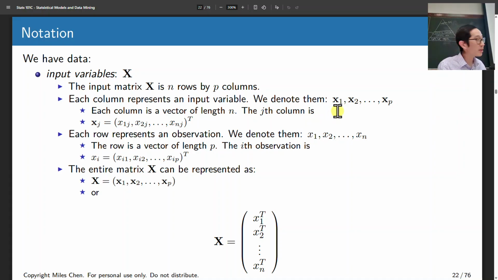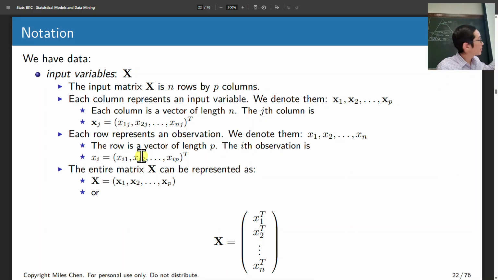We denote them as column X1, column X2, and so on, up to column Xp. We have p columns, and each column is a vector of length n, because we have n observations. So column Xj is going to be this column of values for that particular variable.